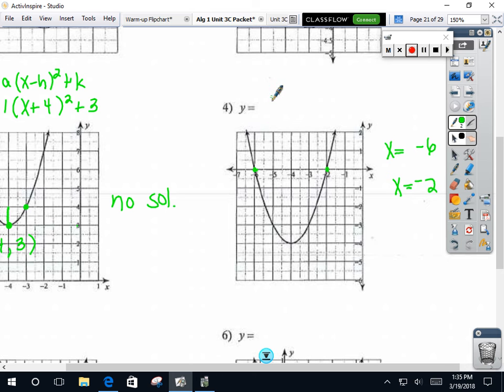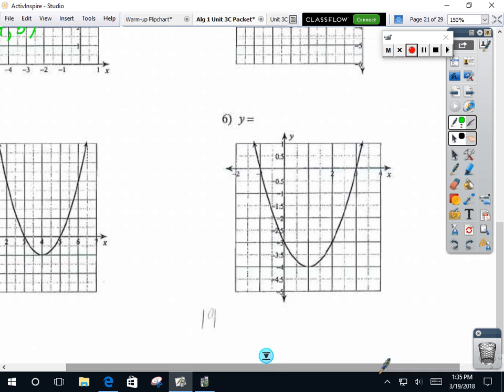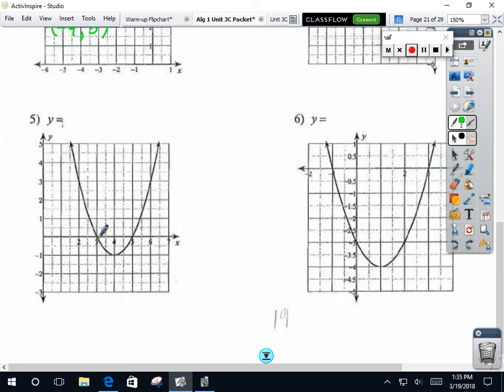Okay, so the factors are, right. Okay, now for number 5, the solutions are 3 and 5, right? And so the factors are x minus 3 and x minus 5.